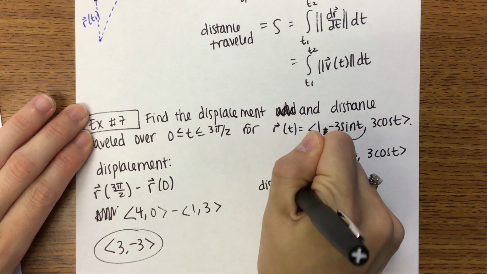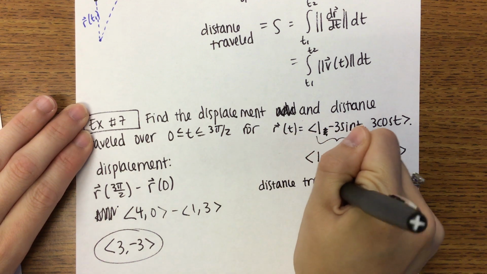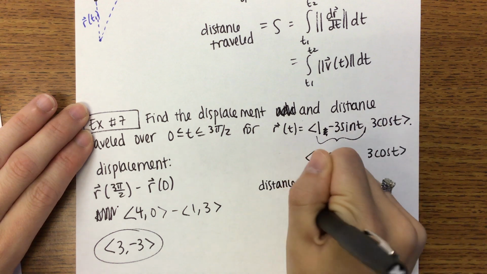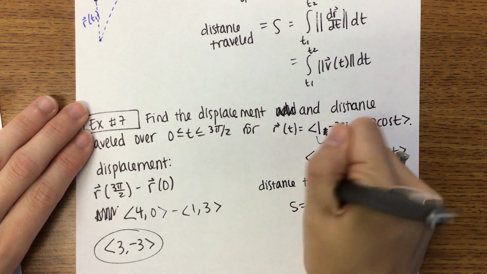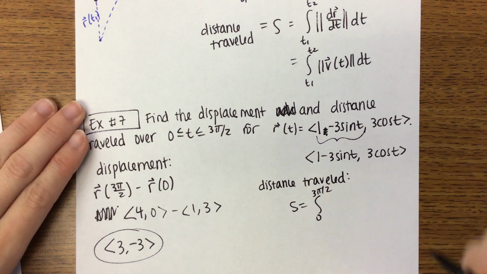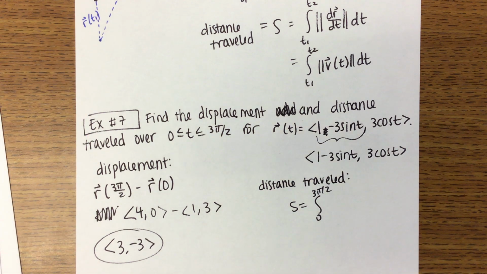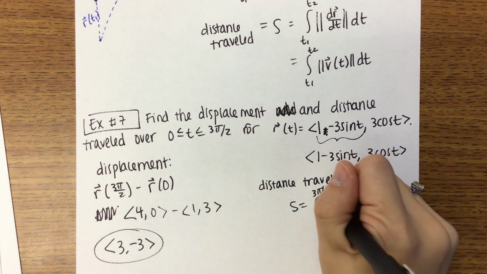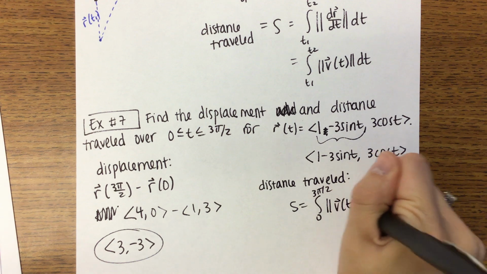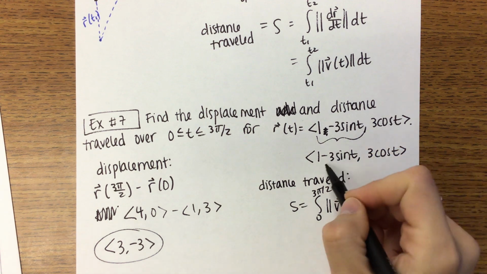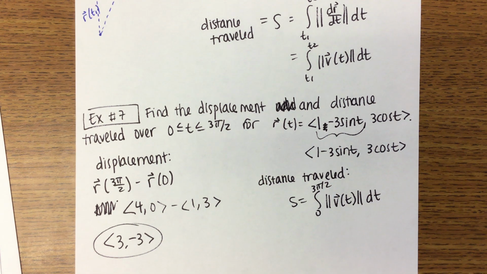If we do the distance traveled, we are integrating from 0 to 3 pi over 2. And it's going to be the velocity function. So you're going to have to take the derivative and then look at the norm.